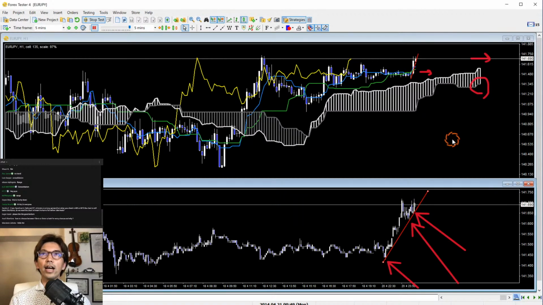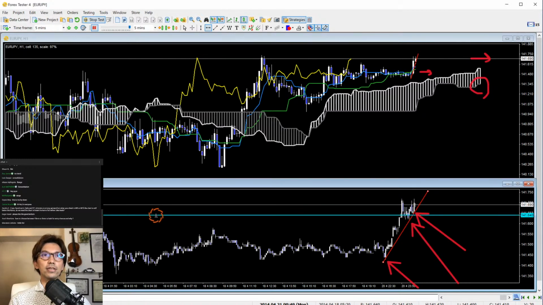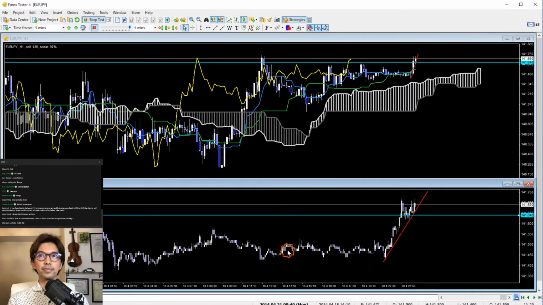And another thing that I will be drawing is the reversal line. The reversal line will be drawn like this. You know, there is a former resistance becoming support in this area, and it doesn't have to be exact.